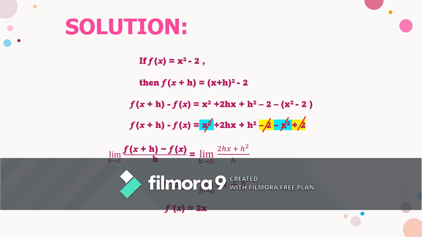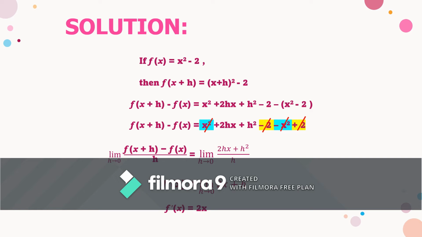So the next step is we will divide both sides by h and we will find its limits. So we have now dividing 2hx plus h squared over h. If we divide each term by h, what is left on the first term is 2x and h squared over h is h. So the expression on the right side is 2x plus h.